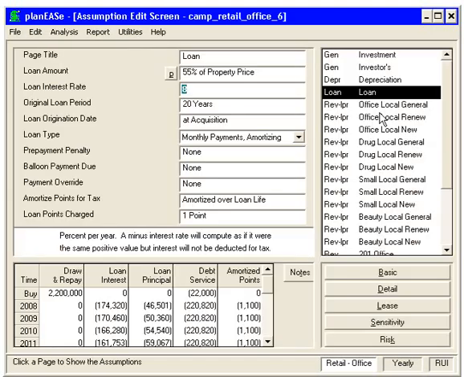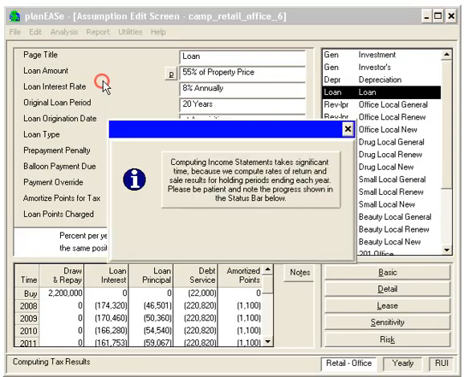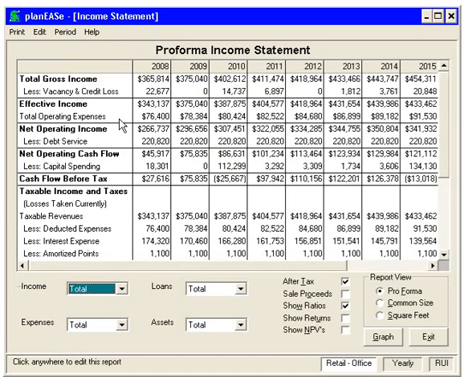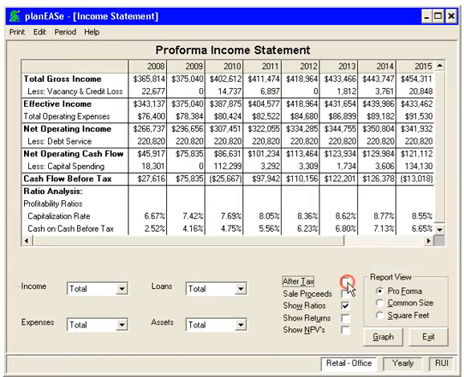So far we looked at just the first year, but if we go to the Report Income Statement, first we'll look at it before tax. Here we have the cash on cash for each year. In each year, it only takes into account the current year. It takes the initial equity and the current year net operating cash flow and just does a ratio.